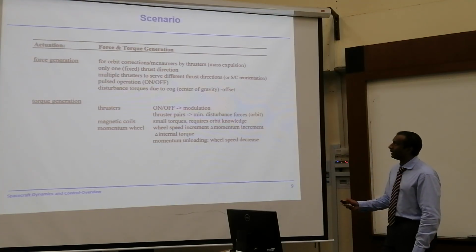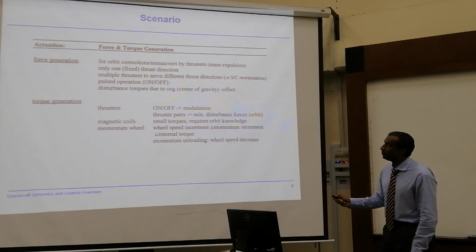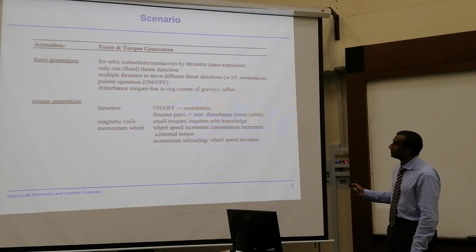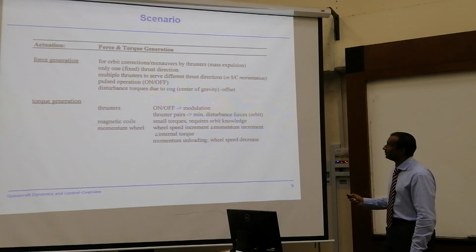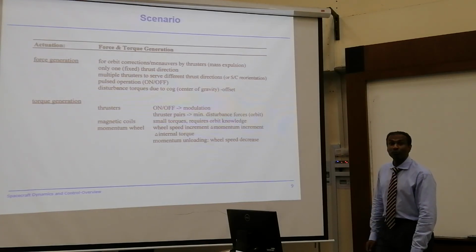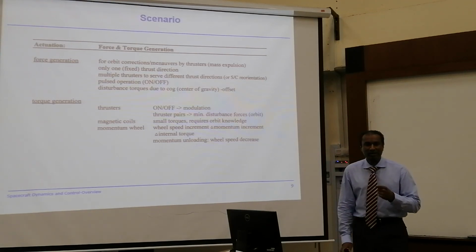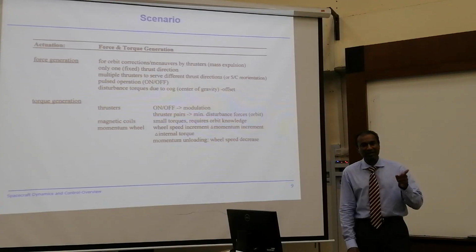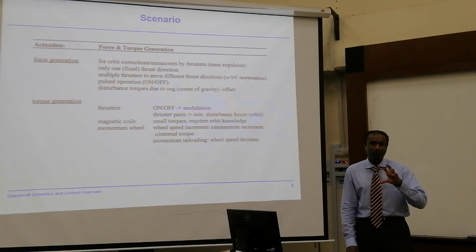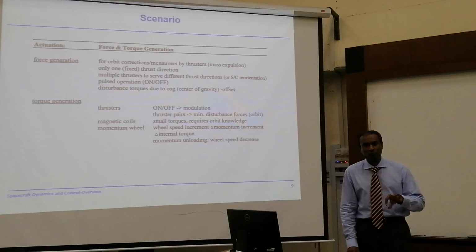Force generation. Please put this into perspective. Force generation can be done by thrusters, the propulsion system. But this propulsion system is quite unique. If you put it correctly, it can give you translation motion. If you put it otherwise, it can give you rotational motion.